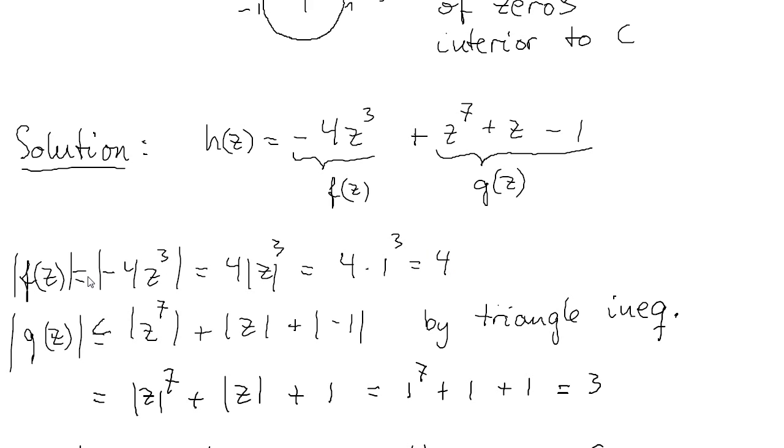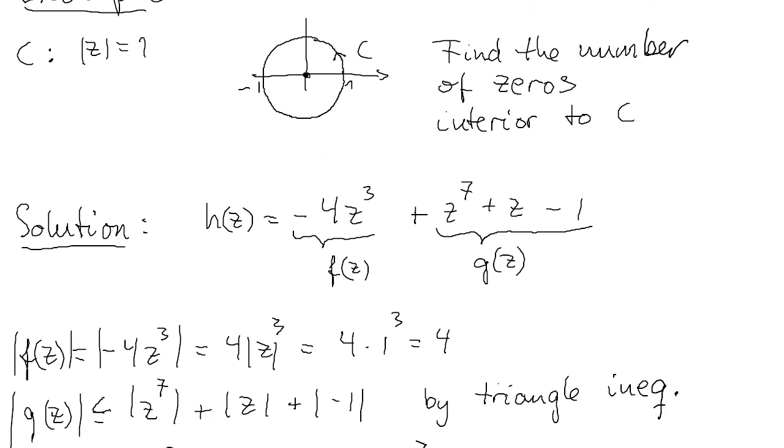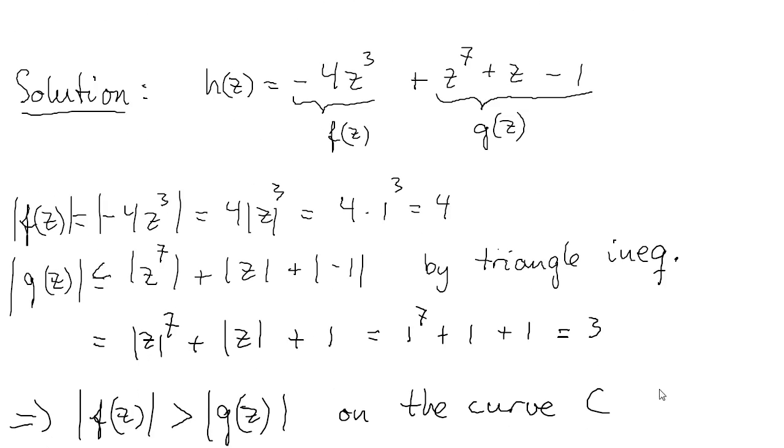So what we can conclude is that the absolute value of f must be larger than the absolute value of g on all points of this circle. And then by Rouche's theorem, the number of zeros of the sum, this function h of z, must be equal to the number of zeros of the function with largest absolute value, namely f of z, which had 3 zeros inside the circle.